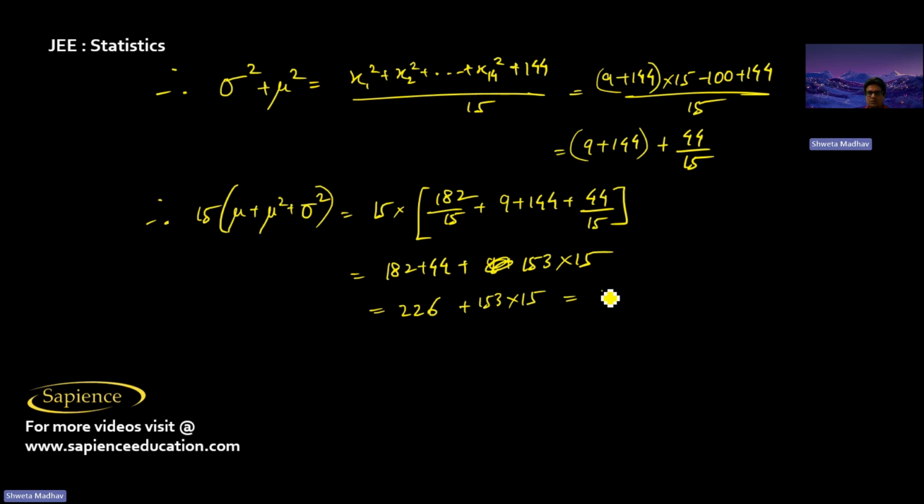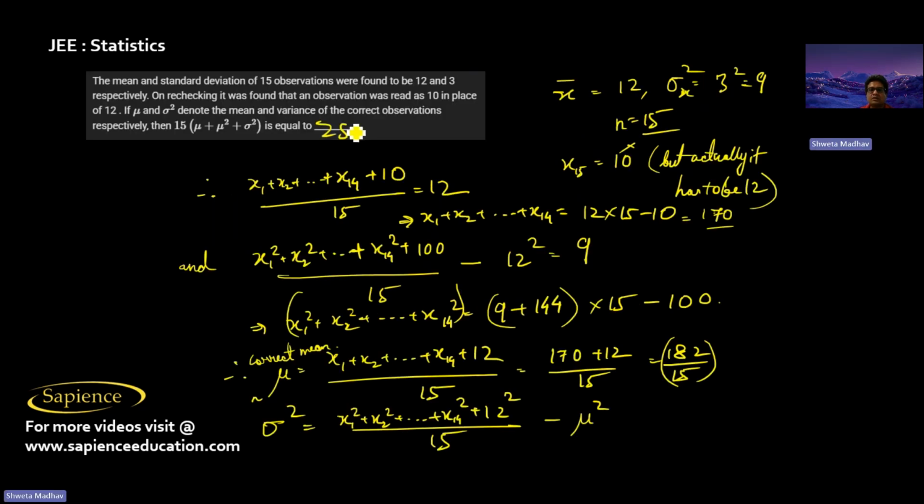That is 2295 plus 226. So that will be 2521. So 2521 is the correct answer.